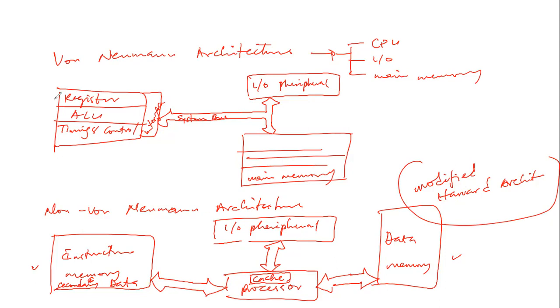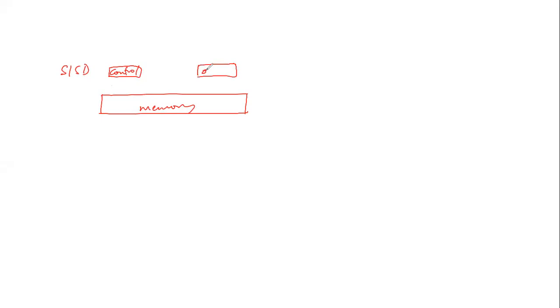So when we talk about the architecture based on the number of processors, here we now see that for the single instruction stream, single data stream, we have something like this. We have the memory. Then we have the control here, and then we have the operate here.